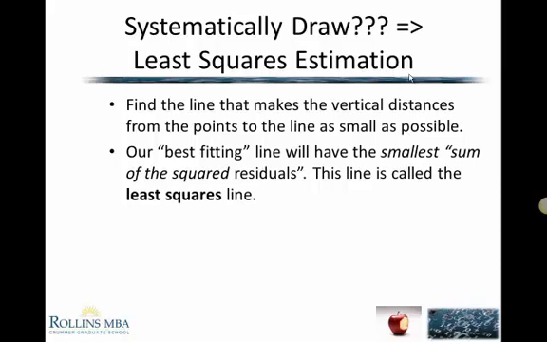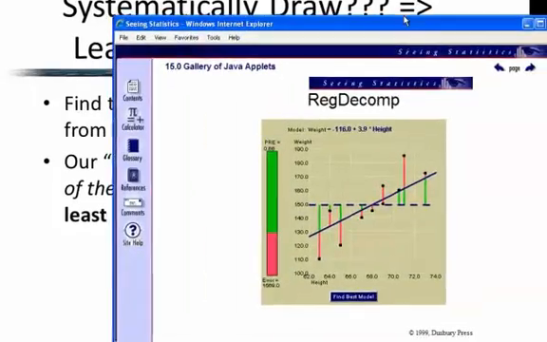And because we have positive and negative residuals, because some points fall above the line, some points fall below the line, we're going to square those residual values so that we're talking about positive numbers in general. And we're going to add them up to get the total amount of squared residuals, the total amount of square error terms in our system. And we want to find the line for which that total value is the smallest.